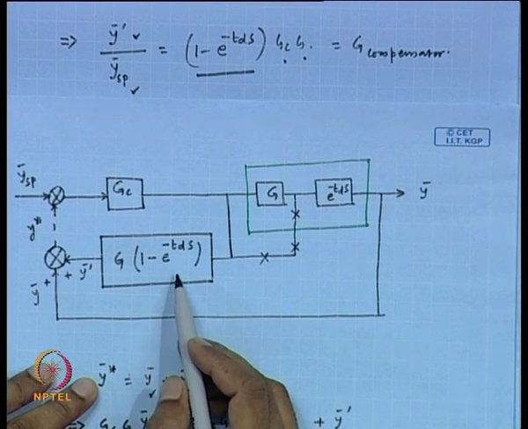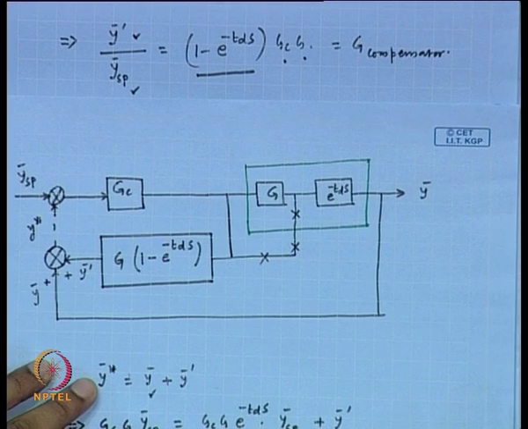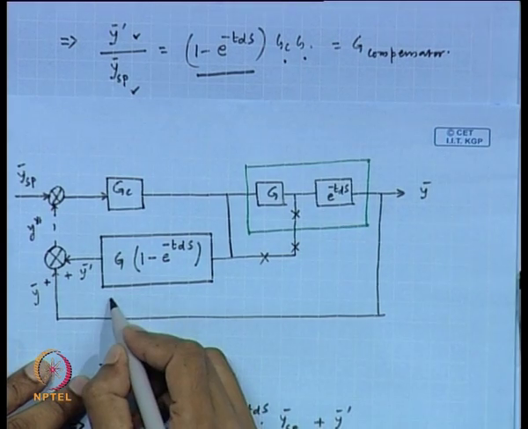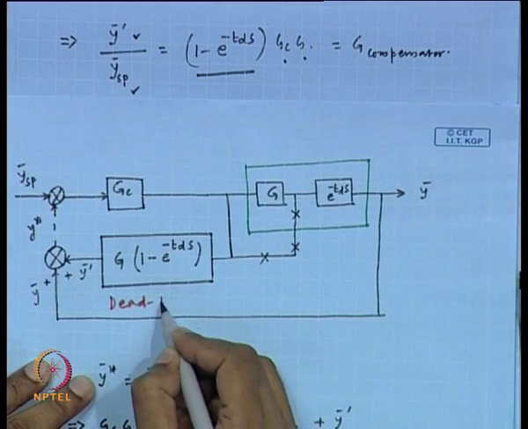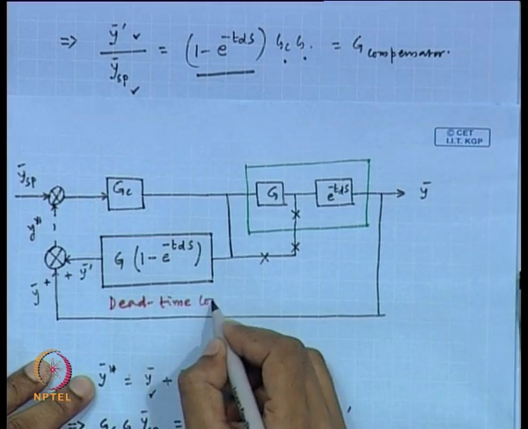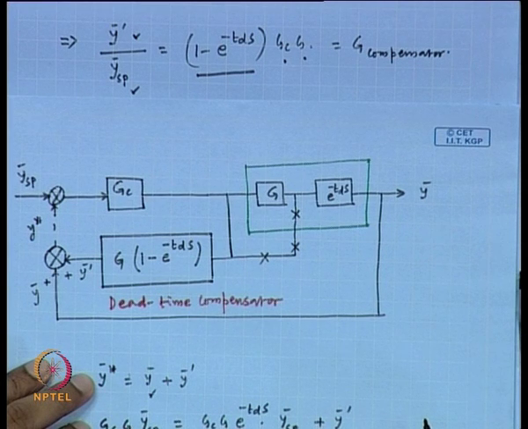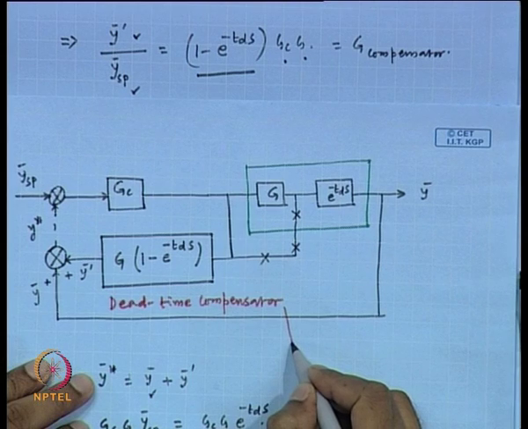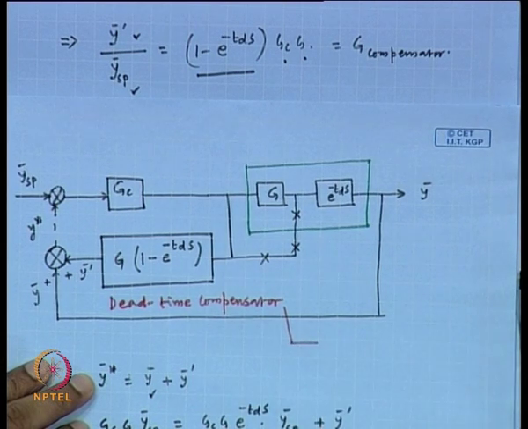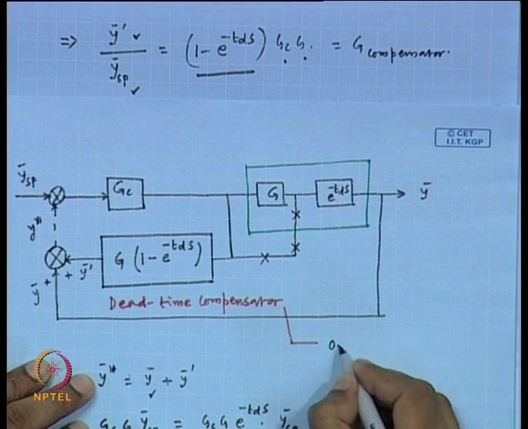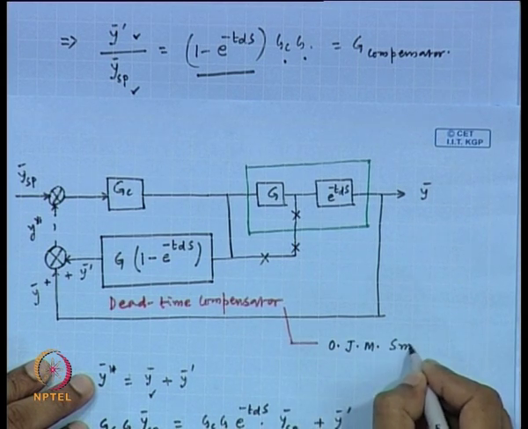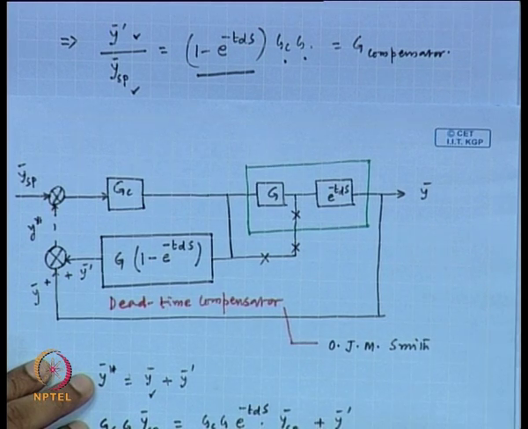So, this block represents the dead time compensator, and this compensator was proposed by O. J. M. Smith. Therefore, sometimes it is called Smith predictor.